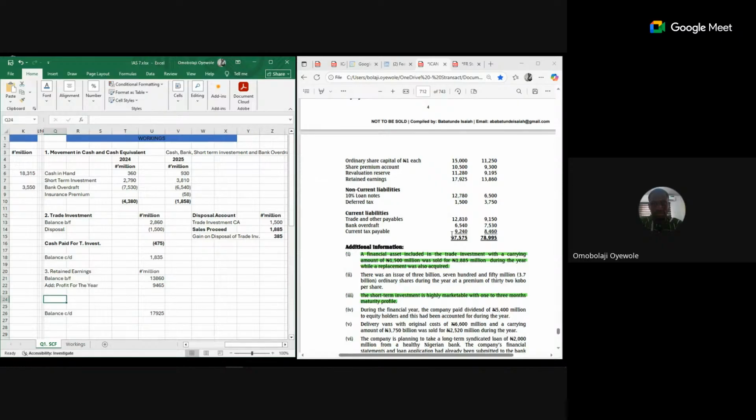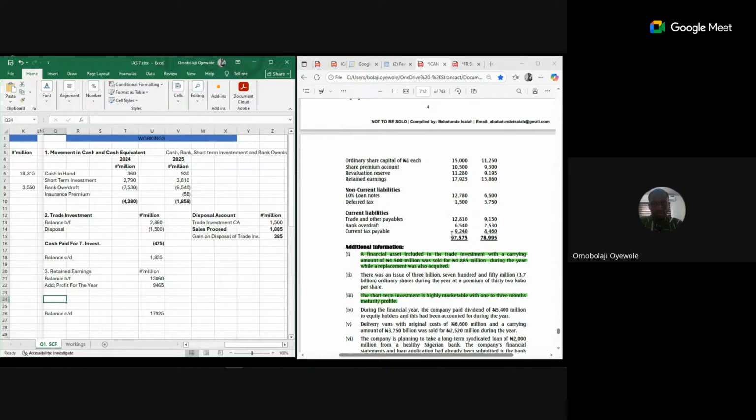So I'm saying that the difference between the opening balance of your retained earnings plus the profit for the year, and the balance carried down must give us dividend paid, because dividends are paid to the shareholders from your retained earnings.